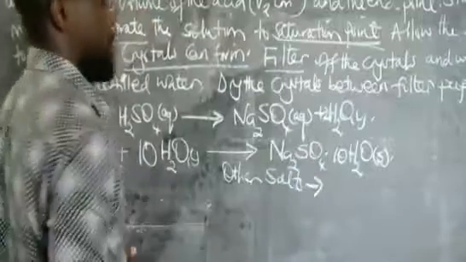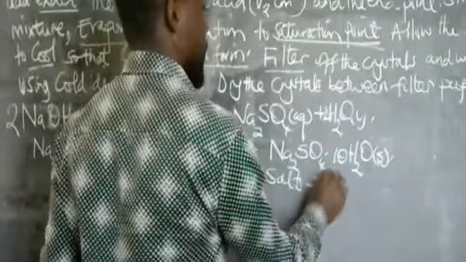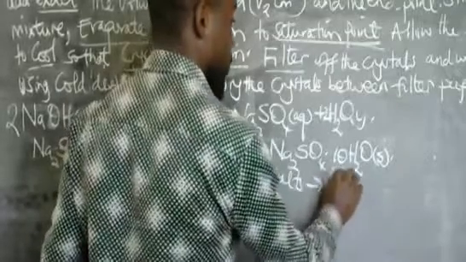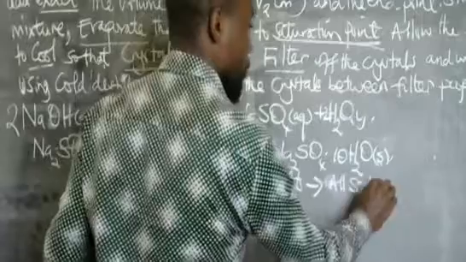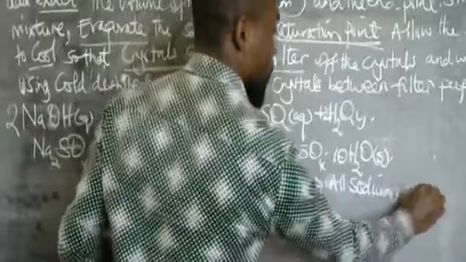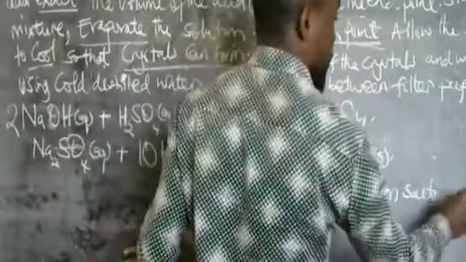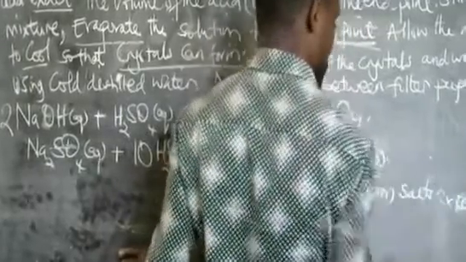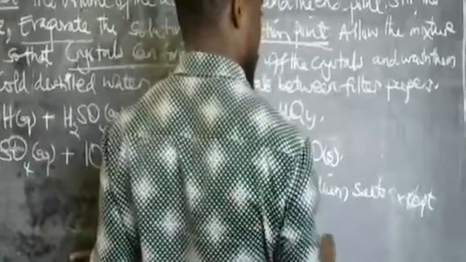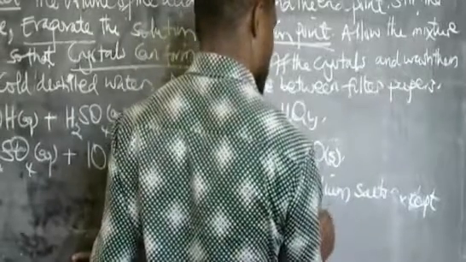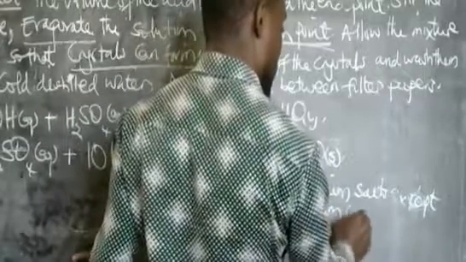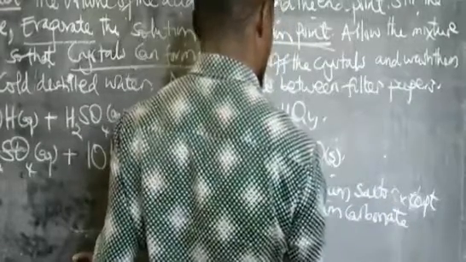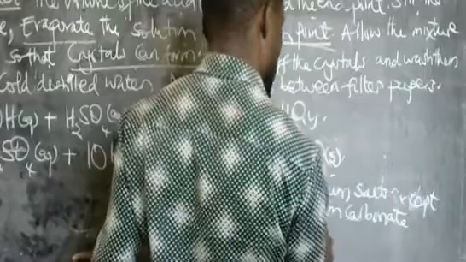We can have sodium nitrate or sodium salts, except sodium carbonate and sodium hydrogen carbonate. Or ammonium salts.